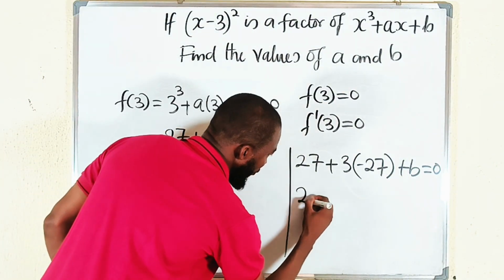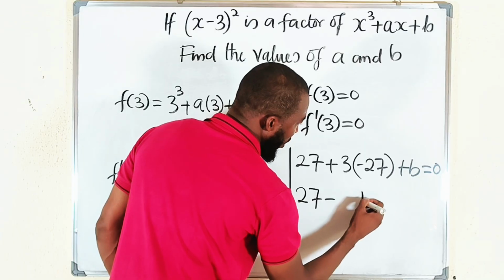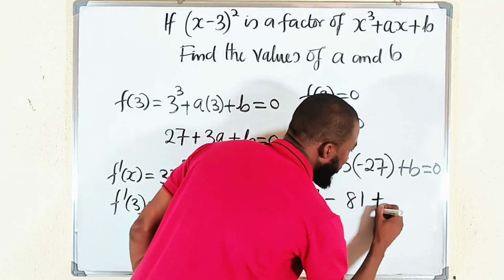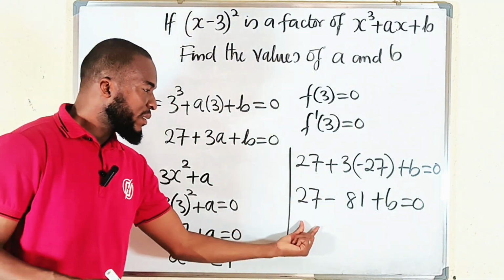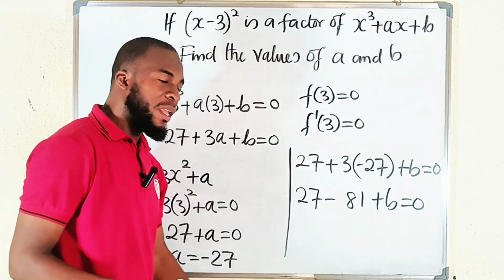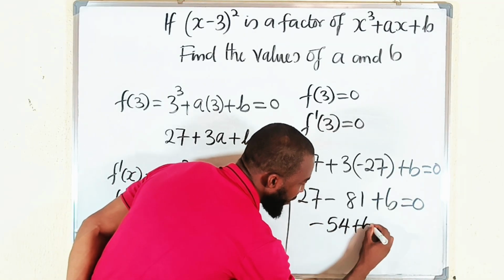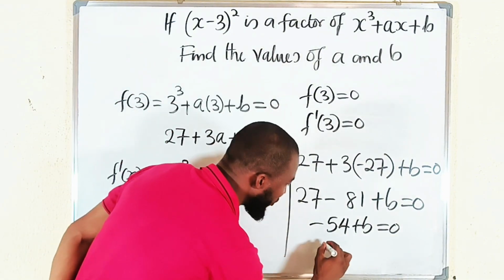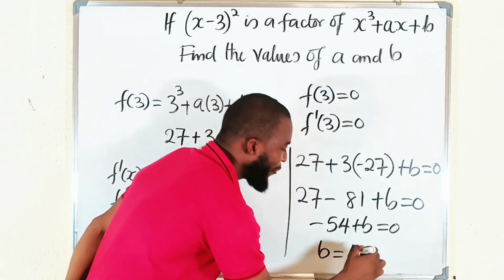This is 27 minus 3 times 27, is this 81? Right. Plus b. This is equal to 0. 27 minus 81 is negative 54 plus b equal to 0. If you take this one to the other side, it becomes positive. Then b is equal to positive 54.